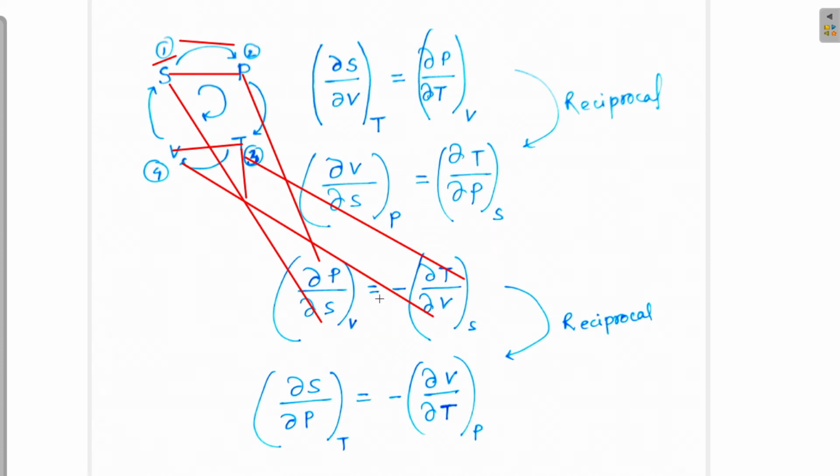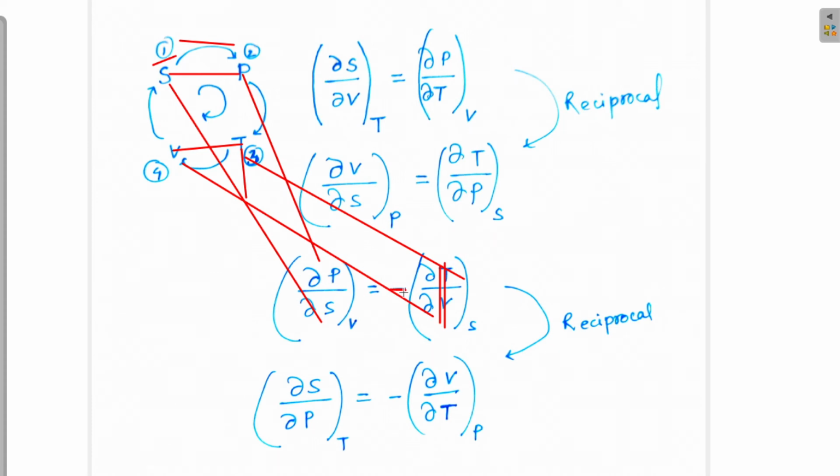Here I again place a negative sign. How to remember this negative sign? If the variables T and V are present in the partial derivatives, at the same side, whether the right hand side or the left hand side, then I will put a negative sign here.